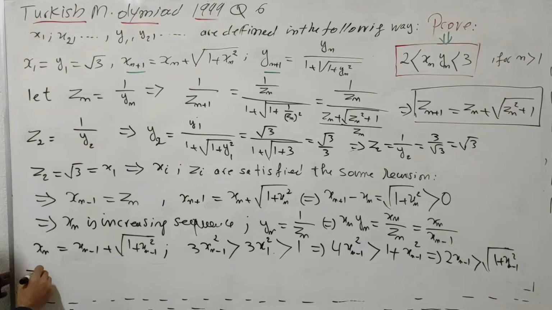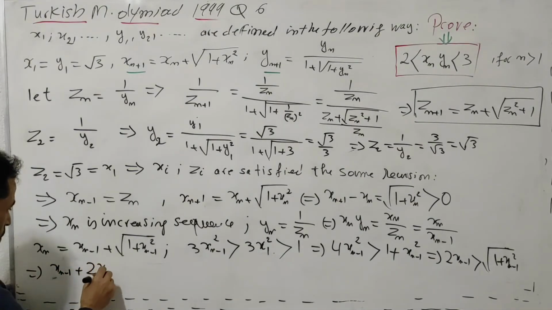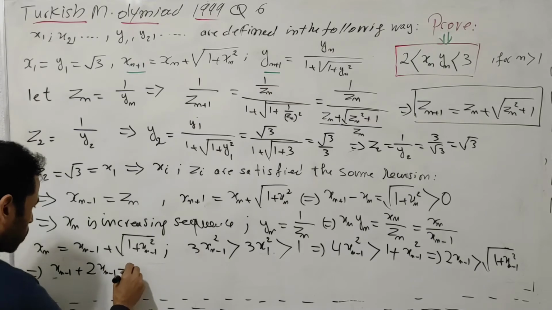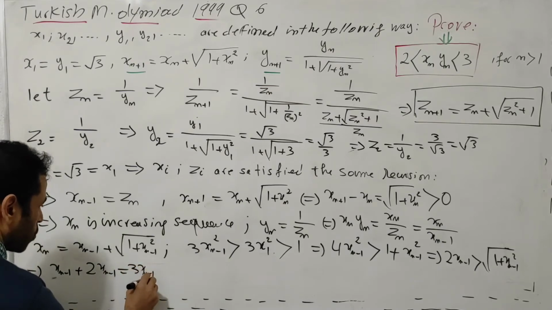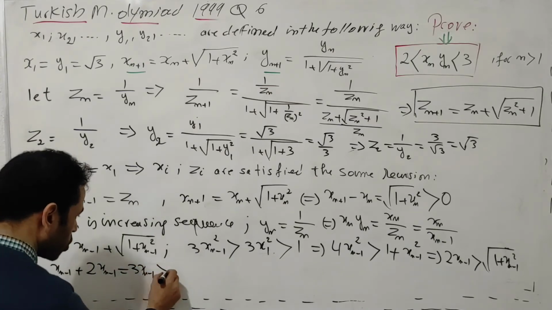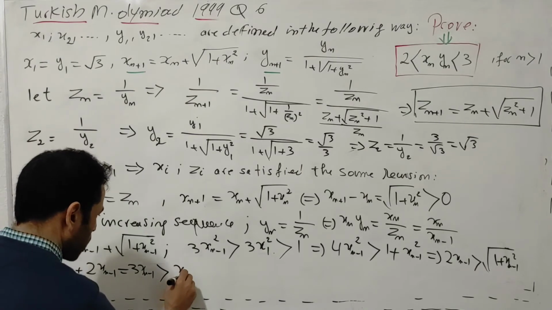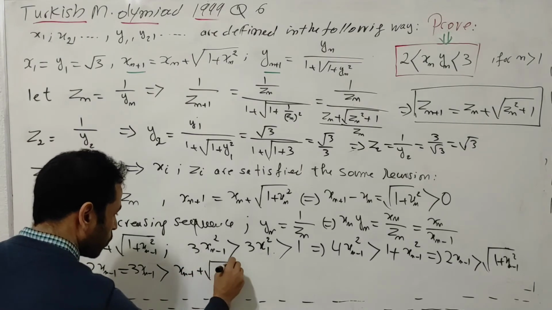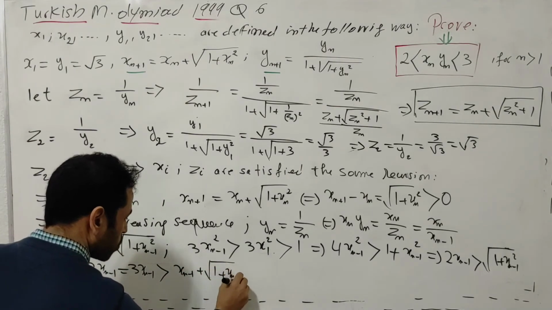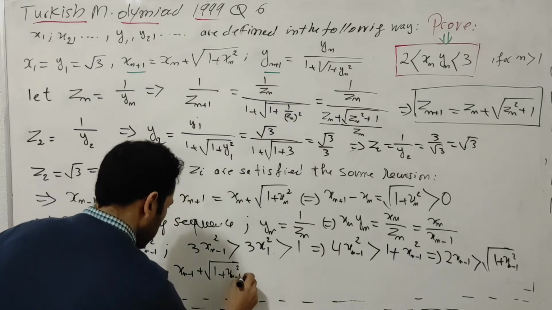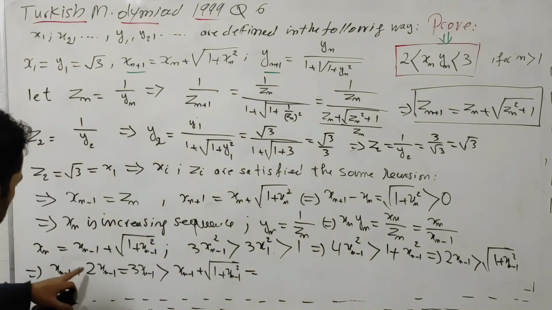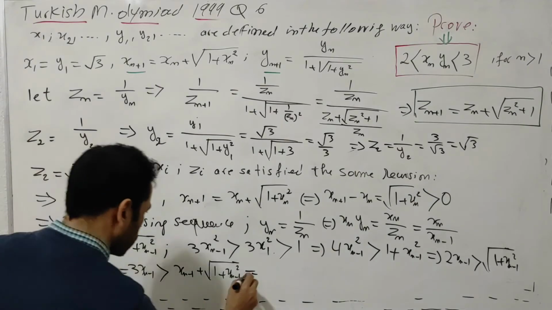So I will have x sub n minus 1 plus 2 x sub n minus 1, which is equal to 3 x sub n minus 1, is strictly superior than x sub n minus 1 plus square root of 1 plus x sub n minus 1 squared. This one is equal to x sub n, as you see here.